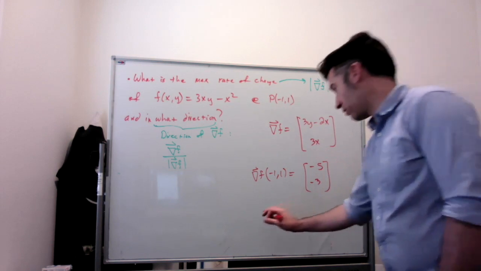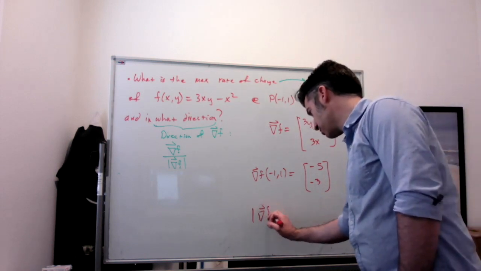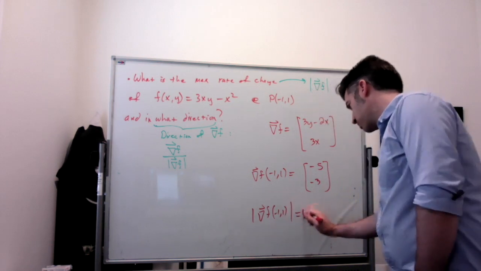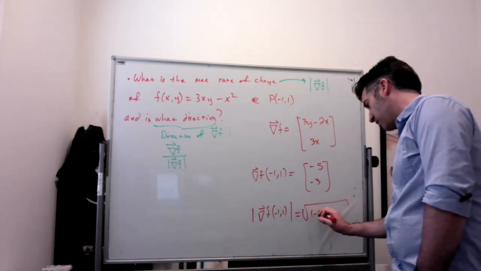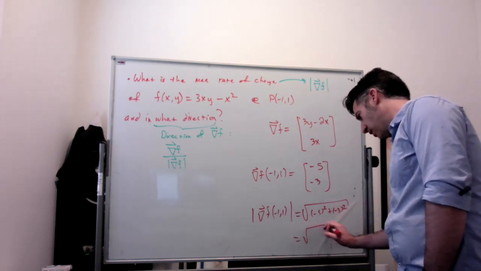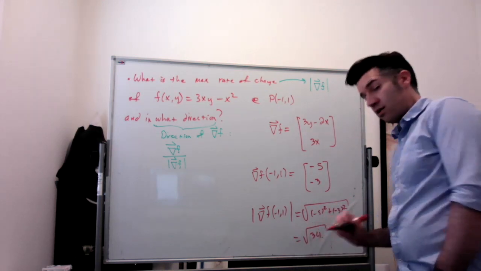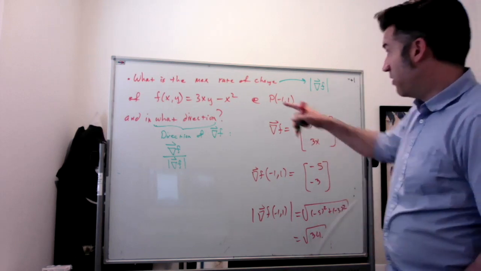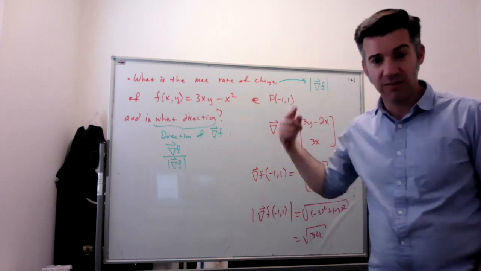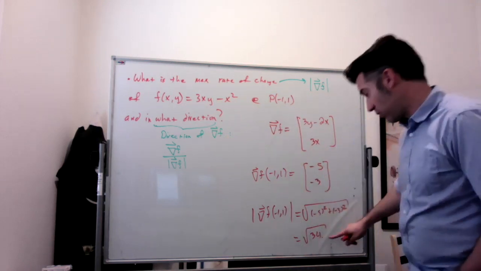The magnitude of the gradient is going to equal the square root of (-5) squared plus (-3) squared. That's going to be the square root of 34. So this function, at this point, the maximum rate of change is the square root of 34.